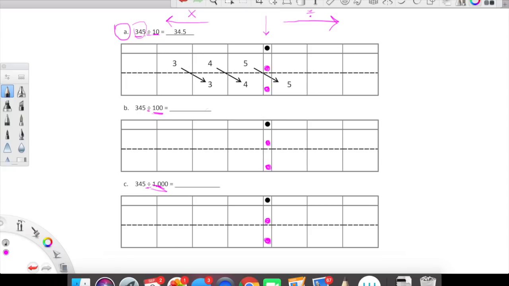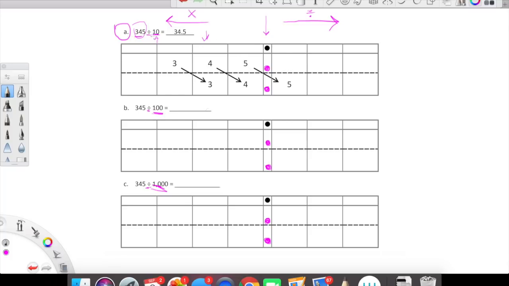So we started here in A. This one has been done for you, obviously, with 345. We divided by 10. How many zeros are in 10? Just 1. So that means that we're dividing by 1 power of 10. We're just dividing by 1/10. So each of the digits shifted over 1 place value. 3 was here in hundreds, it ended up in tens. 4 was here in tens, it ended up in ones. 5 was here in ones, and it ended up in tenths.